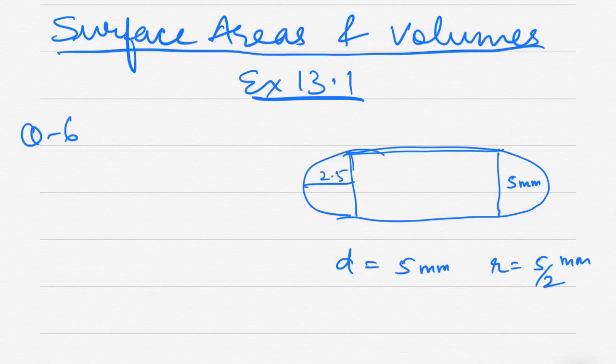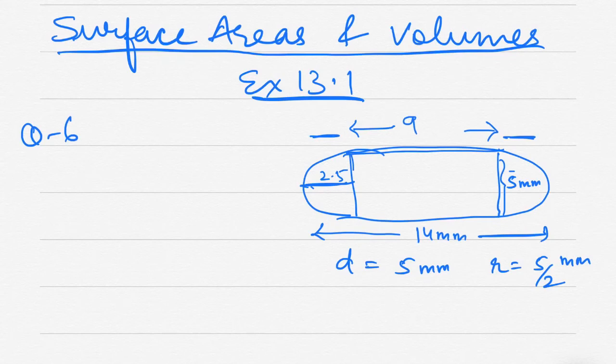Again same here, it will be 2.5, and the total length of the capsule is 14 millimeter. So 2.5 and 2.5 are subtracted from the two sides, so from here to here I'll have 14 minus 5, which is 9 millimeter. Height of cylinder is equal to 9 millimeter.